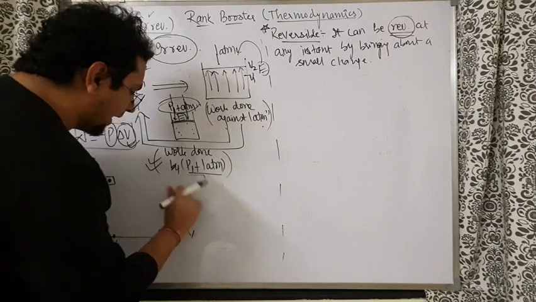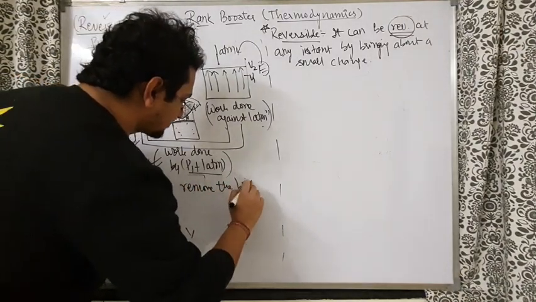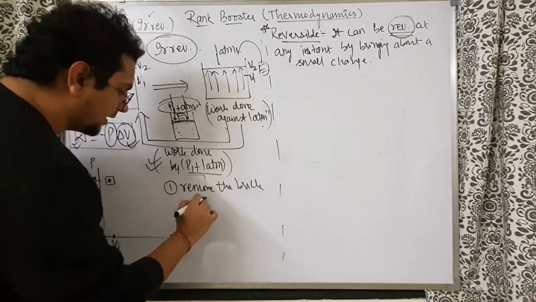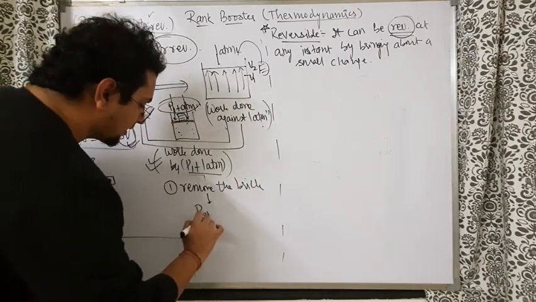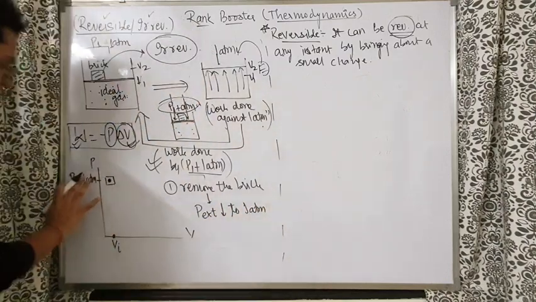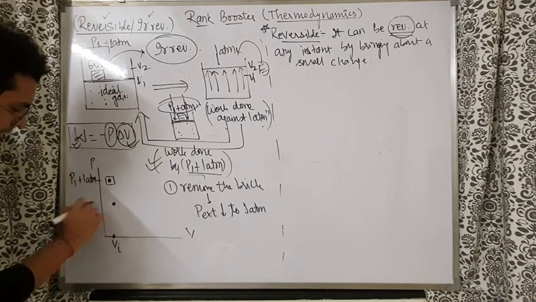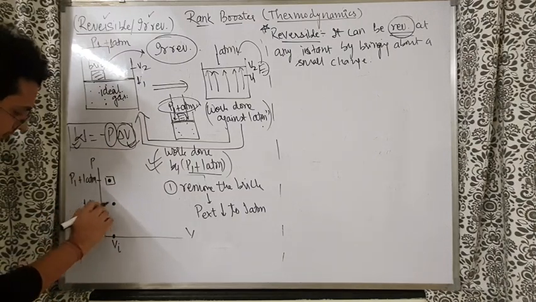So what I did is remove the brick. If I remove the brick, what will happen? External pressure will decrease to 1 atm. Right now the external pressure is P1 plus 1 atm, and suddenly the pressure will become just 1 atm.